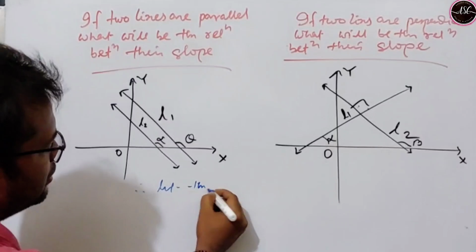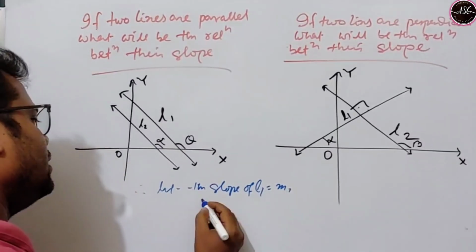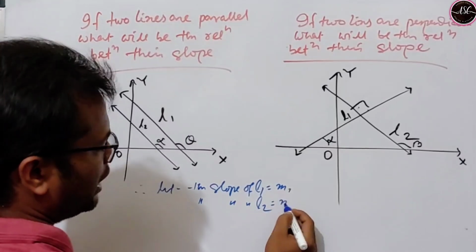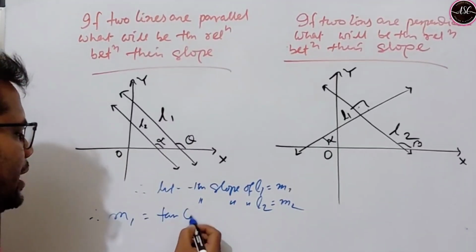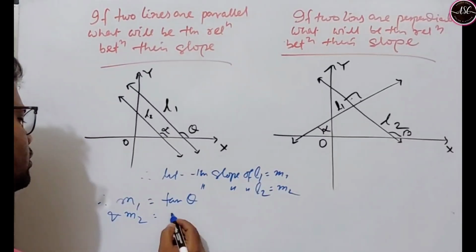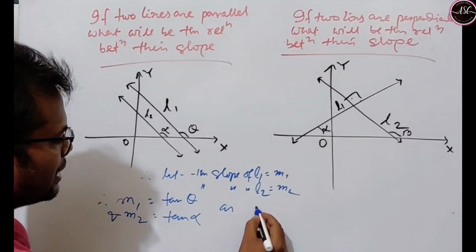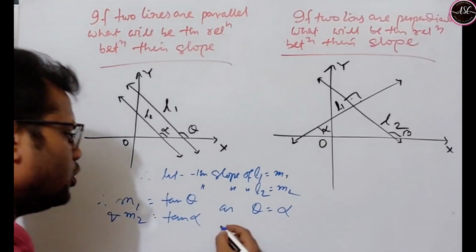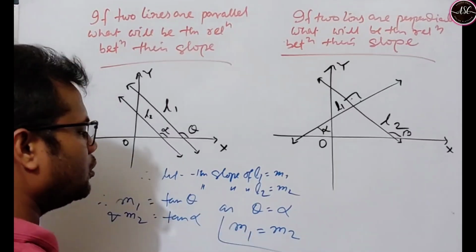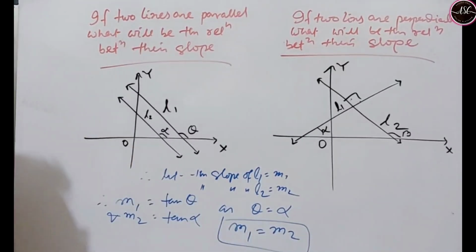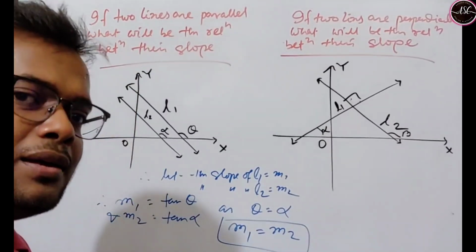Let the slope of L1 equal m1 and the slope of L2 equal m2. So we can write m1 equals tan theta and m2 equals tan alpha. As theta equals alpha, we can write m1 equals m2. This is the condition. So when both lines are parallel, their slopes will be equal.